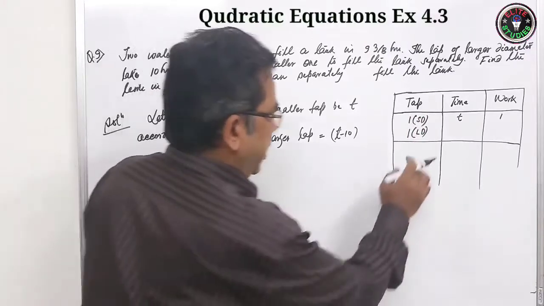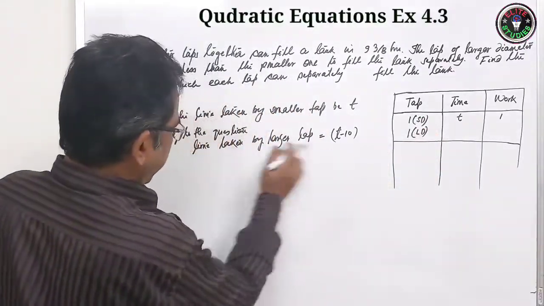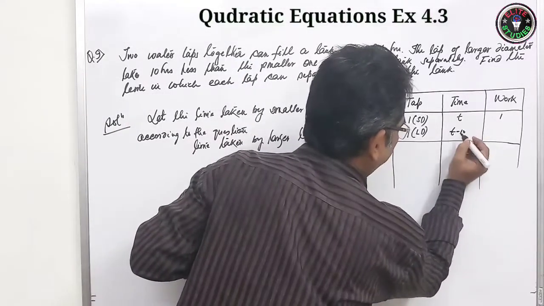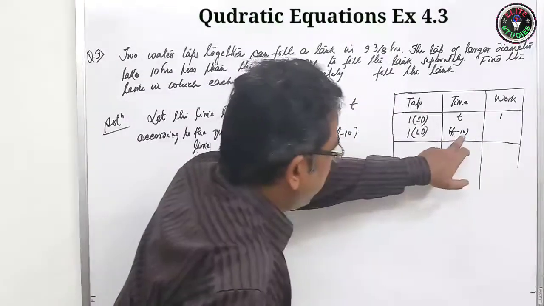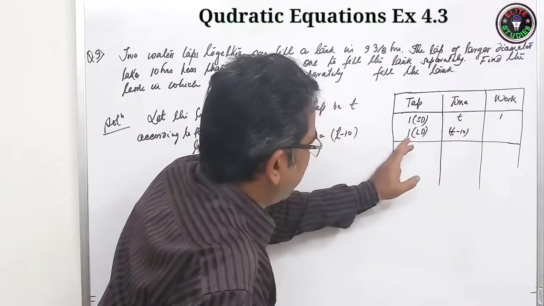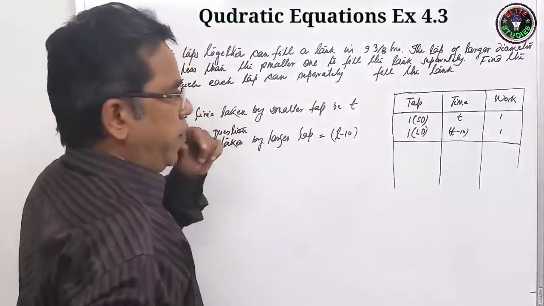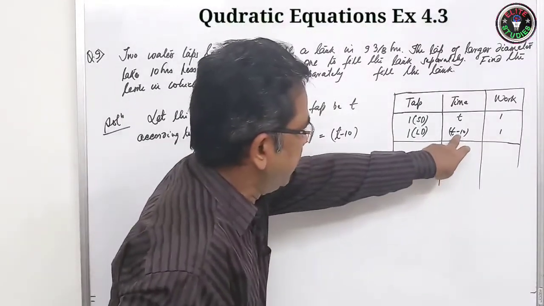Now, what is the time taken by the larger diameter? We have represented it as T minus 10. So in T minus 10, the larger diameter is able to fill the tank. So here again the work done by the larger tap is also 1, because it has filled the tank in time T minus 10.